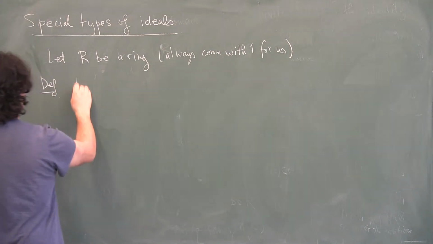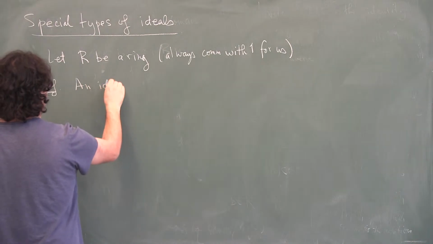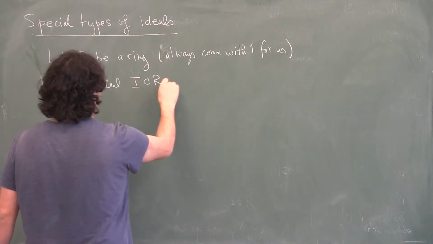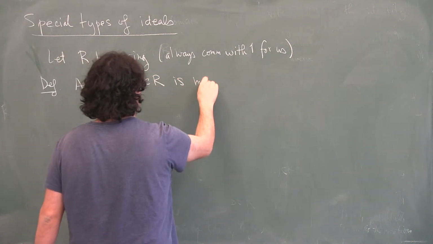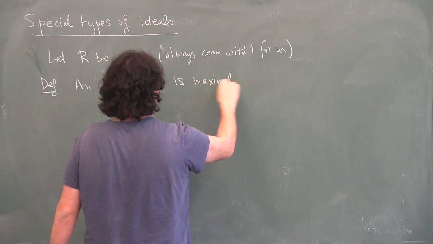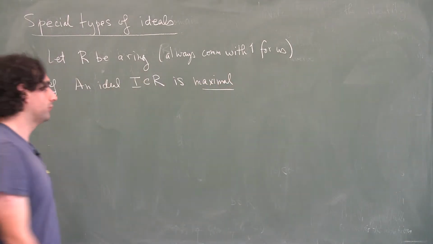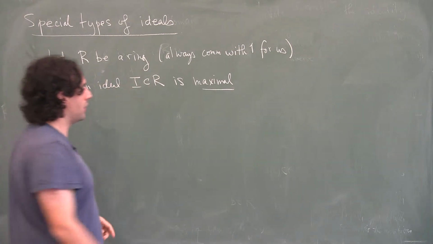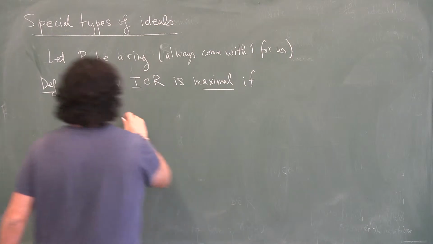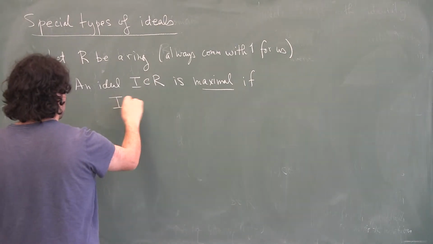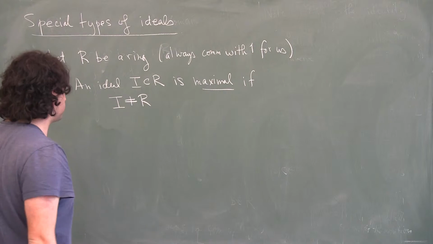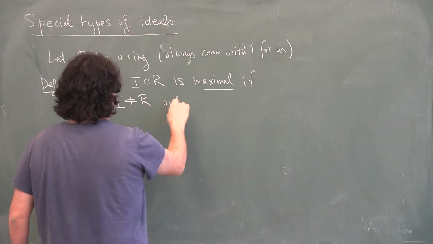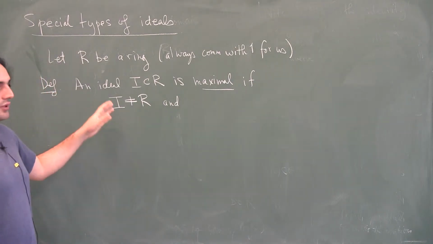So definition, an ideal I in R is maximal if I is a proper ideal, that is, I is not allowed to be R, so it's properly contained in R, and it is maximal in the natural sense.